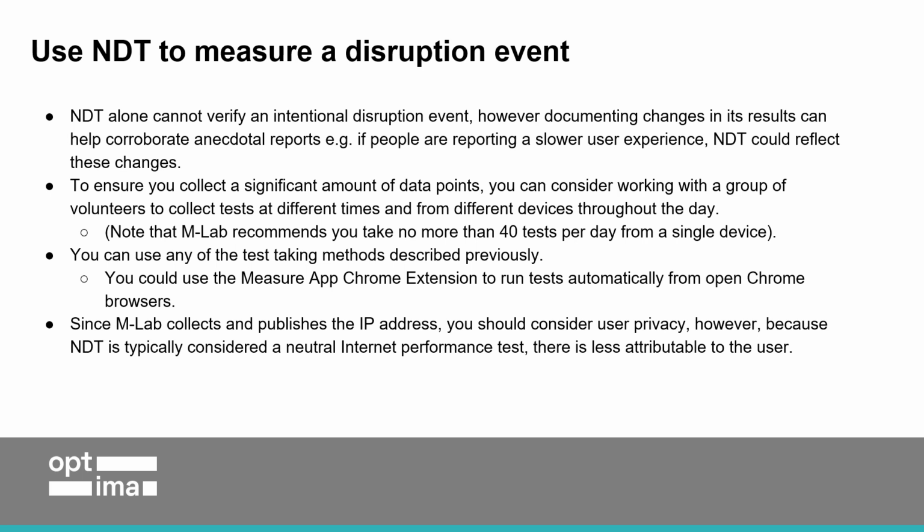That can become very useful when supporting your evidence, because it gives detractors less to stand on if you are able to talk more articulately about the data that you're collecting.